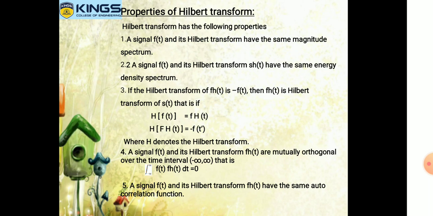Now we will discuss the properties of Hilbert transform. First, a signal f of t and its Hilbert transform have the same magnitude spectrum. Second, a signal f of t and its Hilbert transform fh of t have the same energy density spectrum.